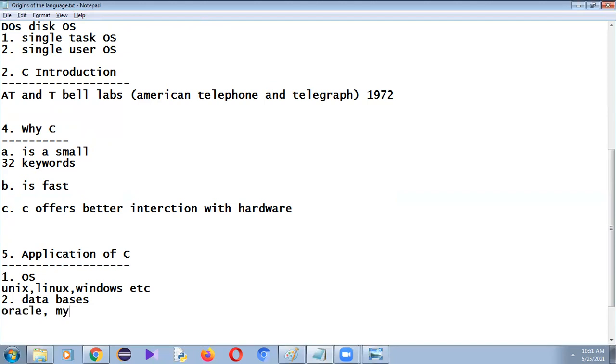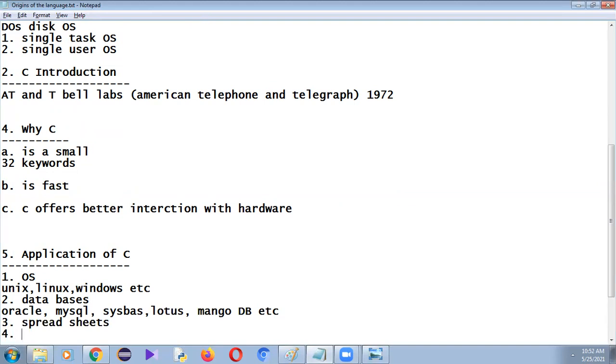Oracle, MySQL, Sybase, Lotus, MongoDB, etc. Third one, it is used to develop spreadsheets, that is nothing but Excel sheets.